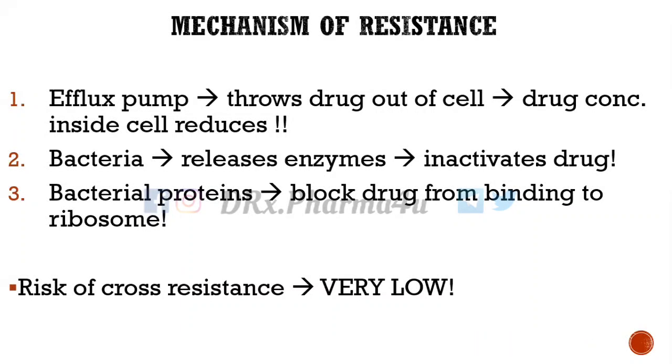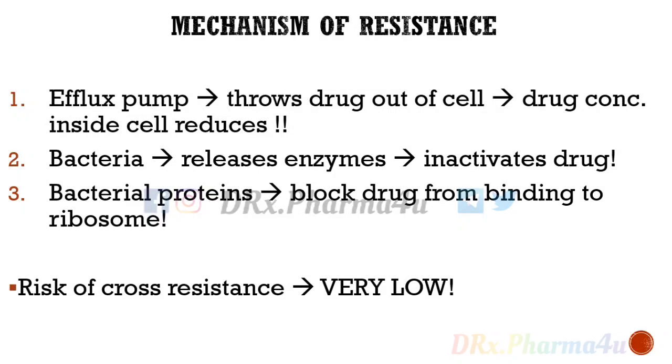So an efflux pump is a pump which throws something from inside to outside. The bacteria develops a particular kind of pump, and when the antibiotic enters the bacterial cell, the bacteria use this pump to throw the antibiotic out of the cell. Definitely, if the antibiotic goes out of the cell, then it will not function.